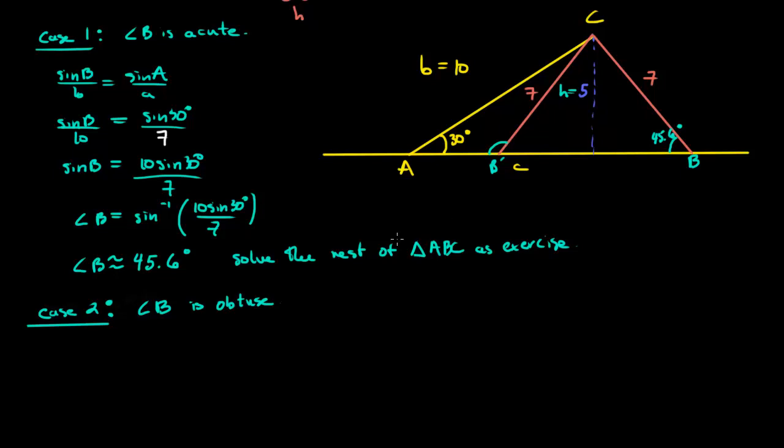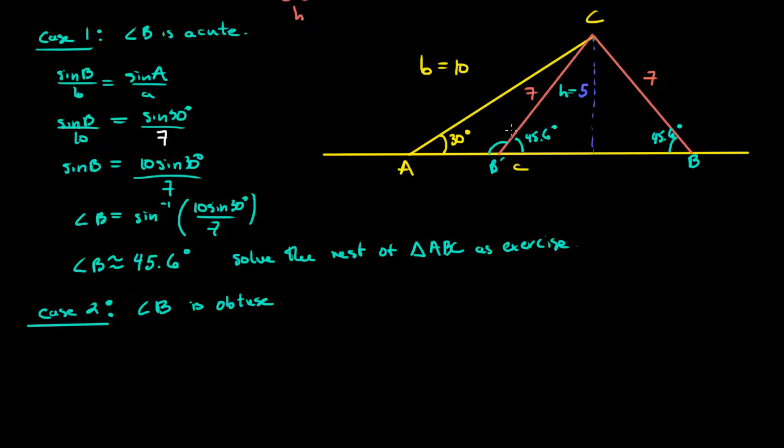Well, notice that the triangle I've made between B prime, B, and C is isosceles. So that means that this angle has to be 45.6 degrees.